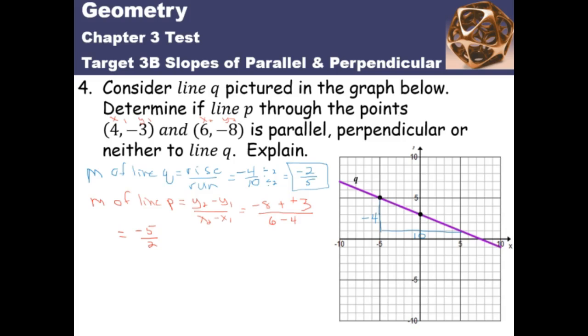And if you look at that, these slopes are not equal because one's 5/2 and one is -2/5, and they're not negative reciprocals either. So that means that they're not parallel or perpendicular. So the slopes aren't equal, so they're not parallel.